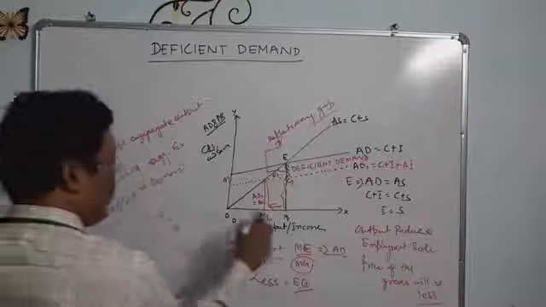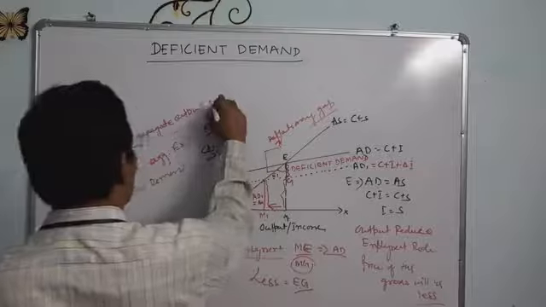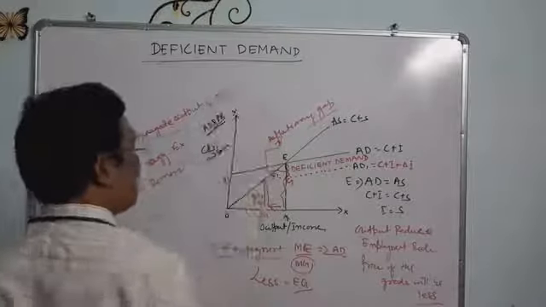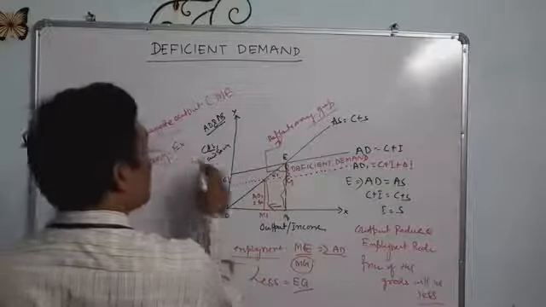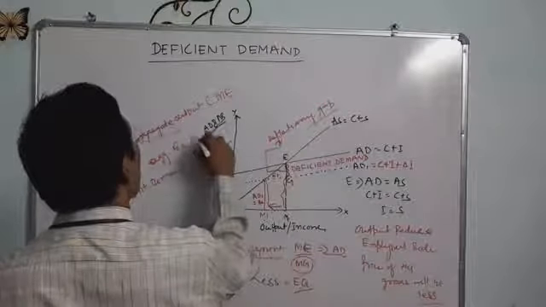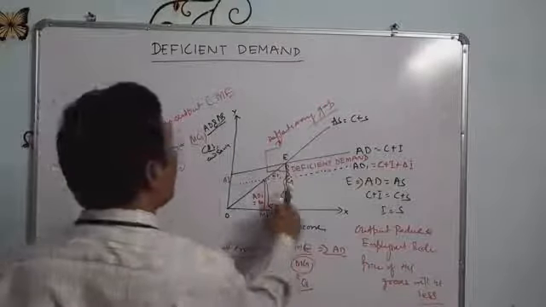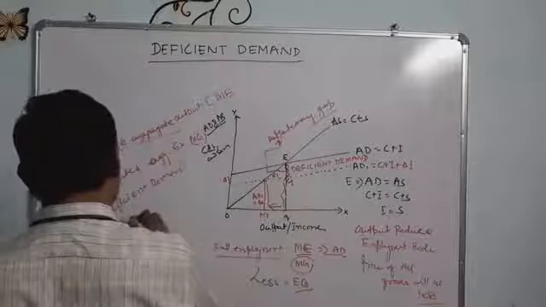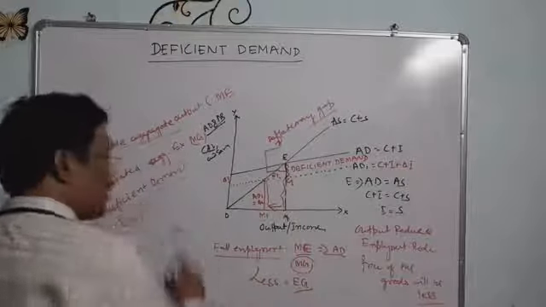Available aggregate output is ME in my diagram. Anticipated aggregate expenditure is MG. So what will remain? EG. That EG is the deficient demand.